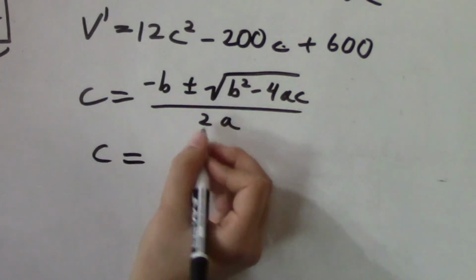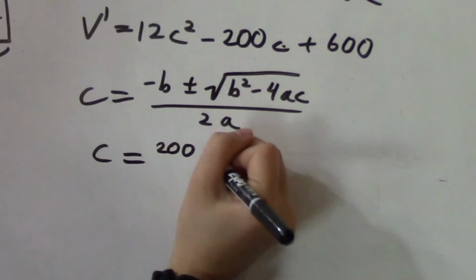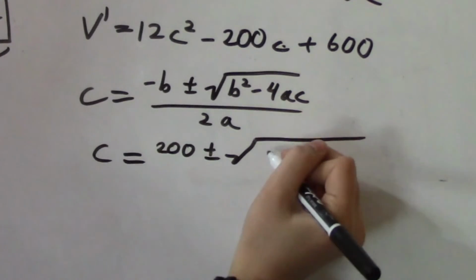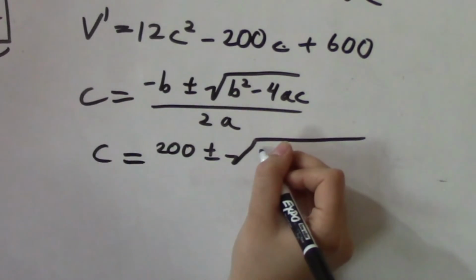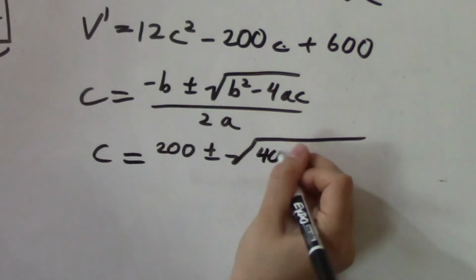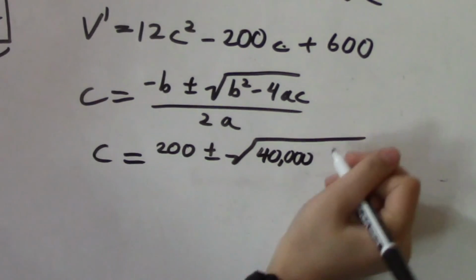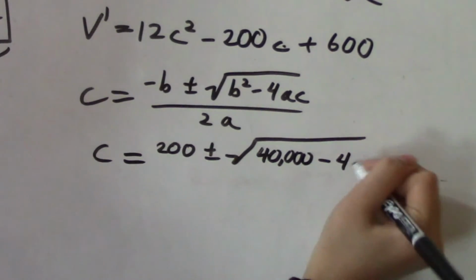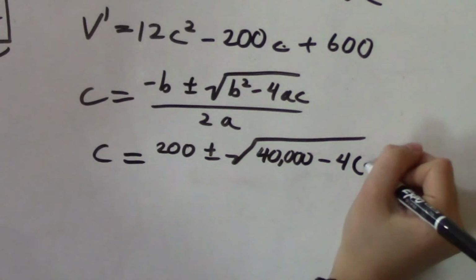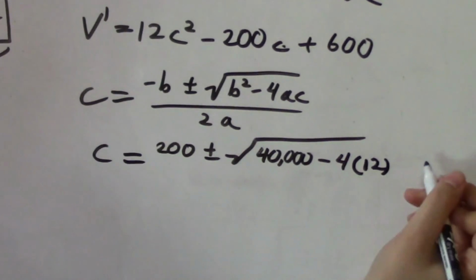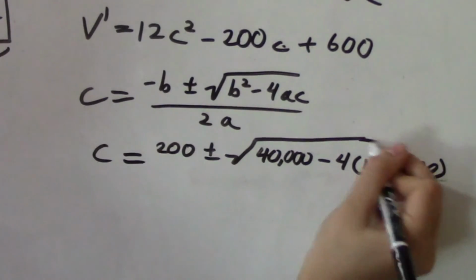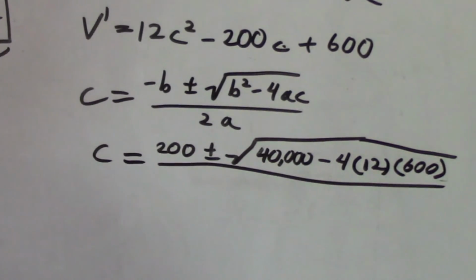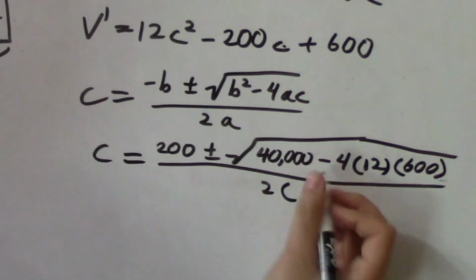Using the quadratic formula, the opposite of B will be positive 200 plus or minus the square root. Next, B squared will equal negative 200 squared, which is 40,000, minus 4 times A, which is 12, multiplied by C, which is 600, over 2 times A, which is 12.